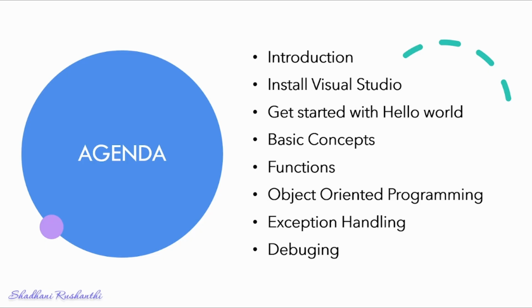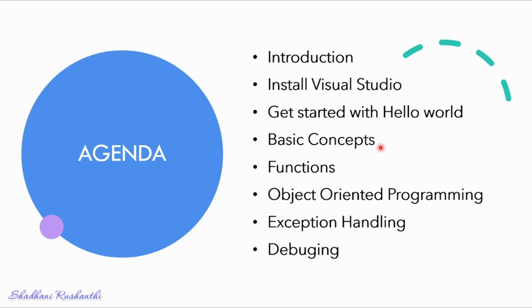So finally we have come to the end of our video series on the C# programming language. According to our agenda, we have gone through each of these topics in this video series. So far in this video series, I have given a simple introduction to the C# programming language, how to install Visual Studio on your computer, how to write a simple application with C#, and the basic concepts of C# programming language, functions, object-oriented programming, exception handling and debugging.